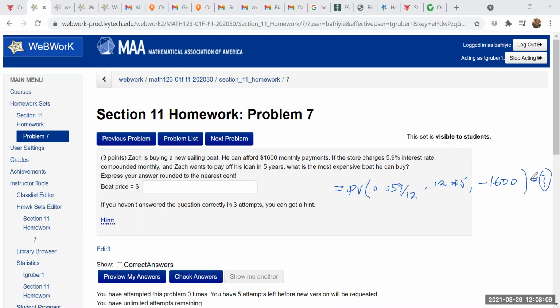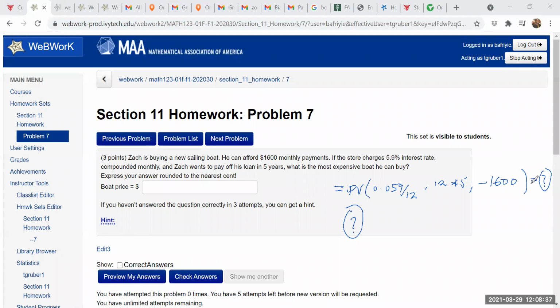Now, what this is asking is, what is the most expensive boat he can afford? Is that okay? So whatever result you get for that, you just need to get that value and put that in. Whatever value you get for that is the most expensive boat Zach can afford.